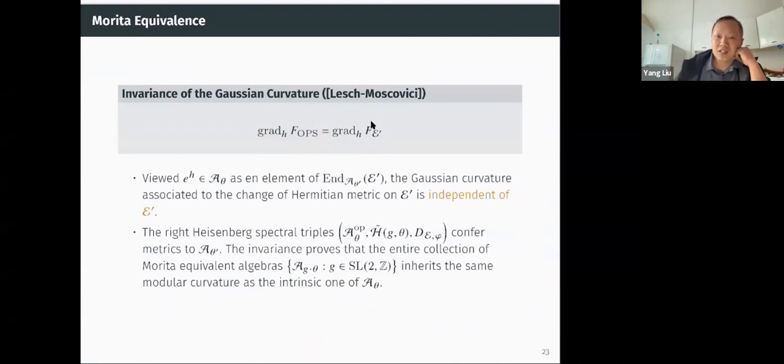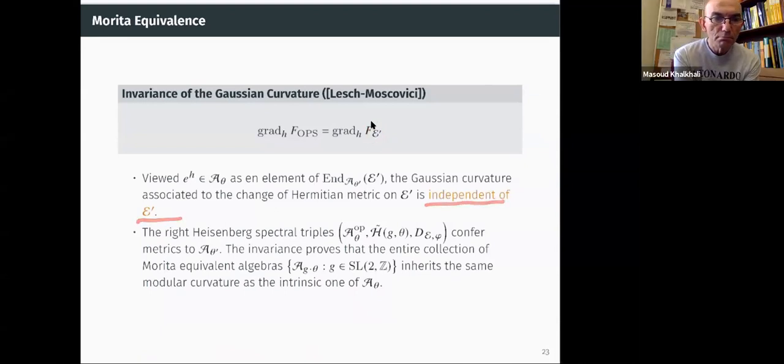So this property can be thought of as an invariance property of the modular Gaussian curvature under the Morita equivalence. It is saying that this modular Gaussian curvature, first of all, is independent of your module. As an element in A theta, it is independent of this E theta.